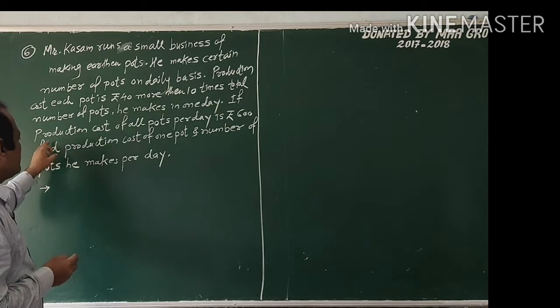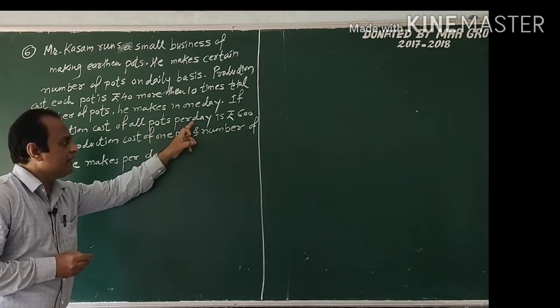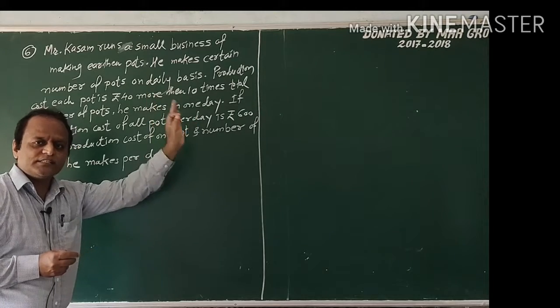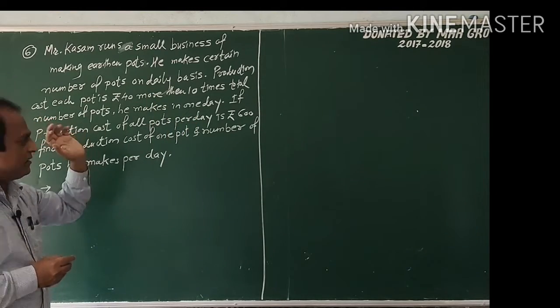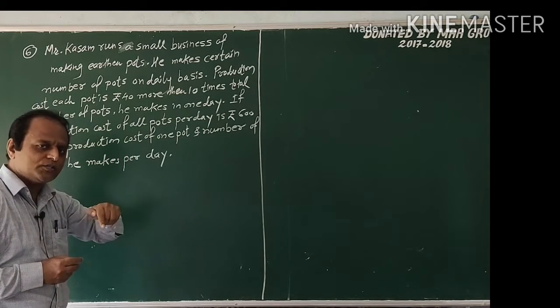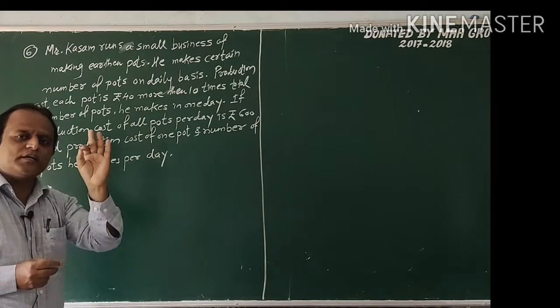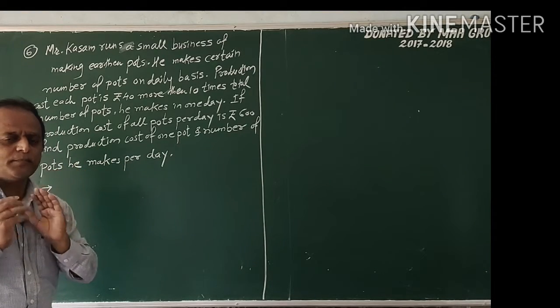Now if the production cost of all pots per day is 600 rupees, then find the production cost of one pot and the number of pots he makes per day. It is a very simple example.